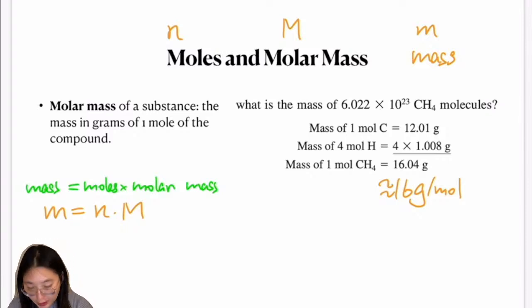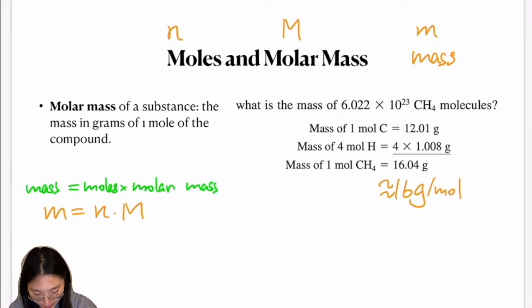Okay, then how do we calculate the number of moles when you're given the mass and the molar mass? That's going to be the number of moles, n, is equal to mass divided by the molar mass. Or when you're given the mass and the number of moles, how we calculate the molar mass, capital M, is mass divided by moles.